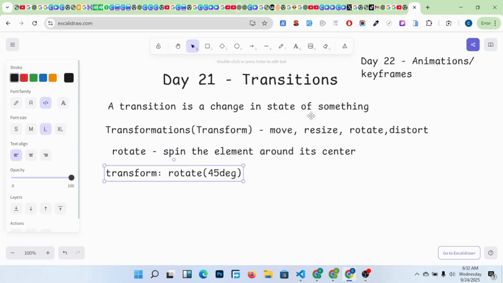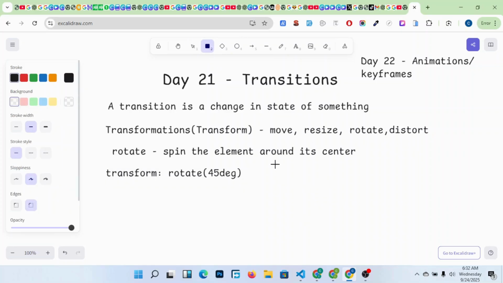If for example this shape has been straight like this, and you say transform rotate, that means that it is going to rotate 45 degrees.